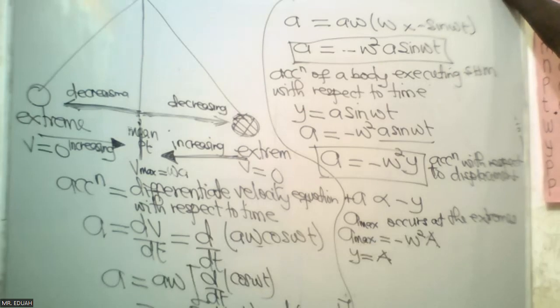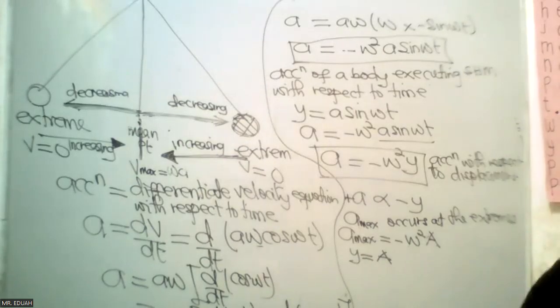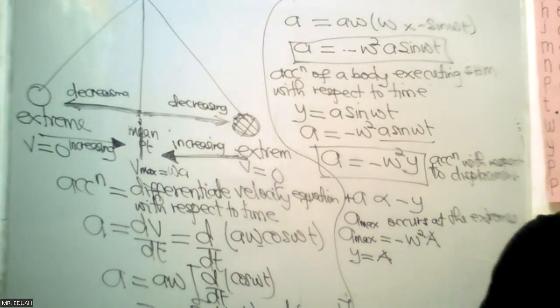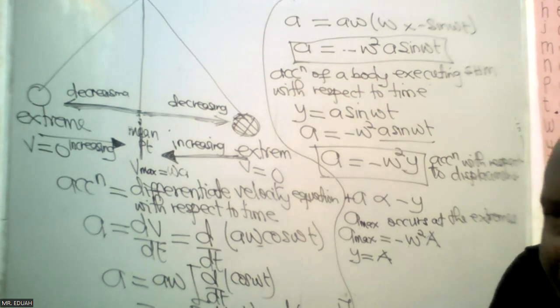Where does minimum acceleration occur? Please, Adam. At the midpoint. Why? Somebody else will answer. Yes, it is true that minimum acceleration occurs at the midpoint. Why? Somebody to explain, give me the why.